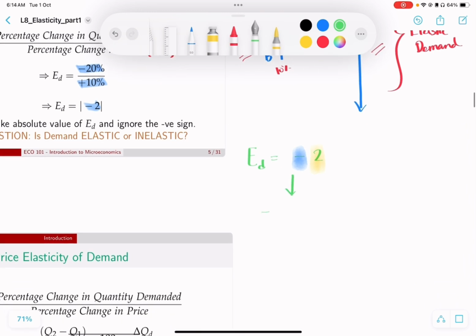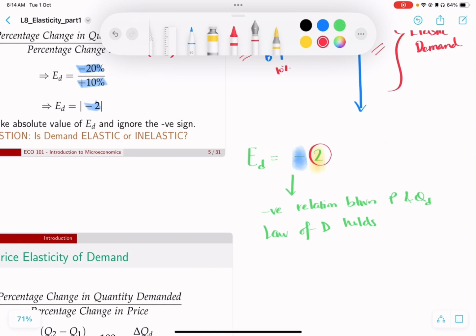Minus shows you the negative relationship between price and quantity demanded. The minus basically is just telling you, hey, look, the law of demand holds. It's showing you the principle of the law of demand. When price rises, obviously quantity demanded falls, whereas when price falls, quantity demanded rises. So this negative relationship, that's what this minus sign captures. It doesn't really tell you how elastic a good is. To figure out how elastic or inelastic a good is, you're going to look at this number.